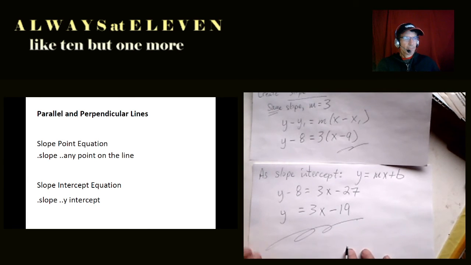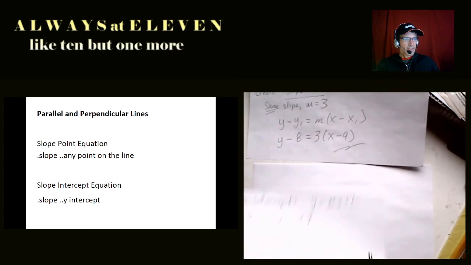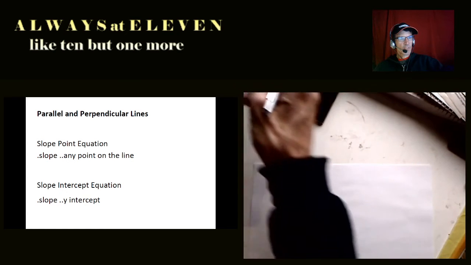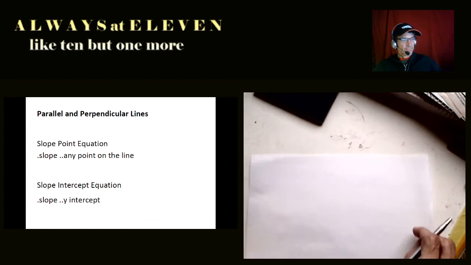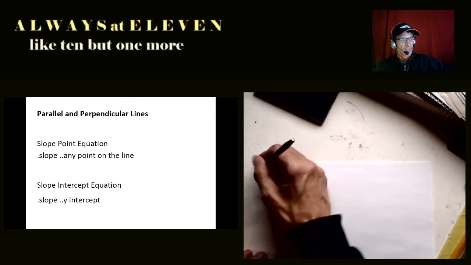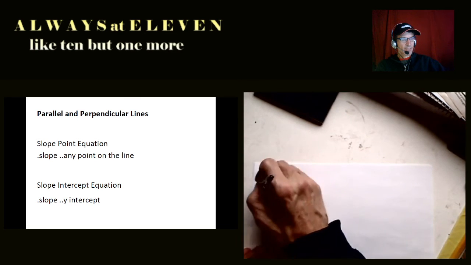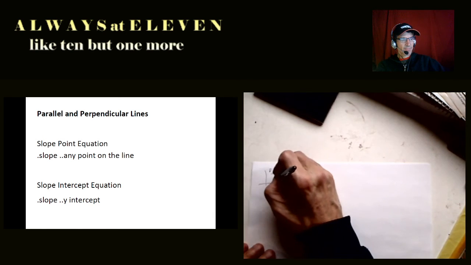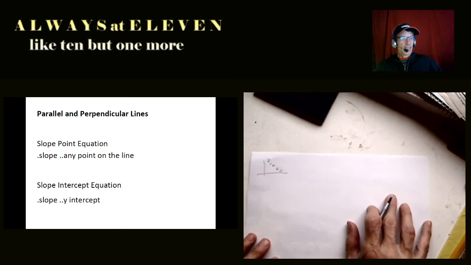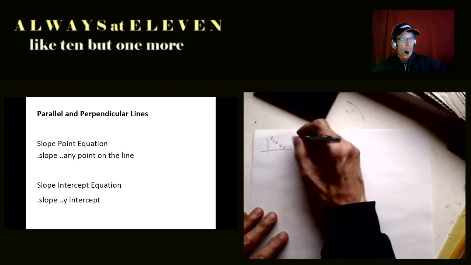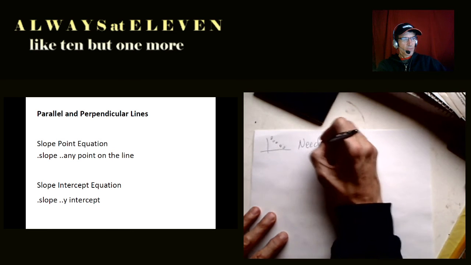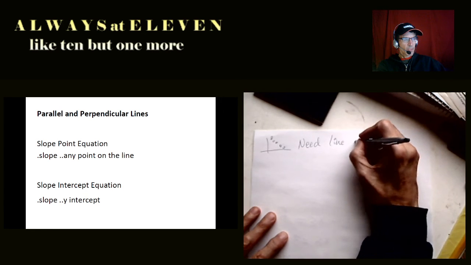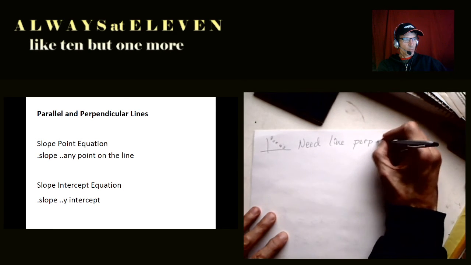Okay, so let's do another one. Let us find the equation of a line that's perpendicular instead. So suppose to fit your data, let's say we need a line that is perpendicular to, so I'll write this out once.